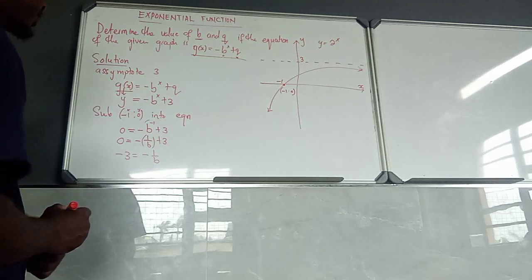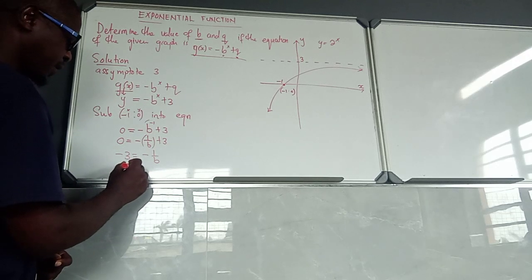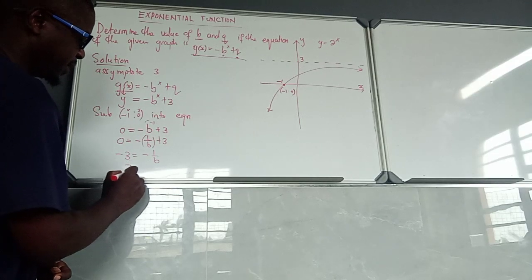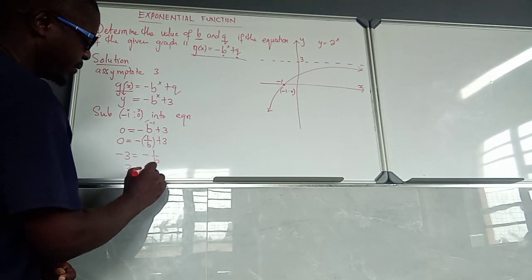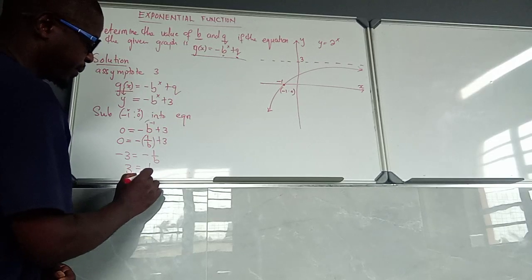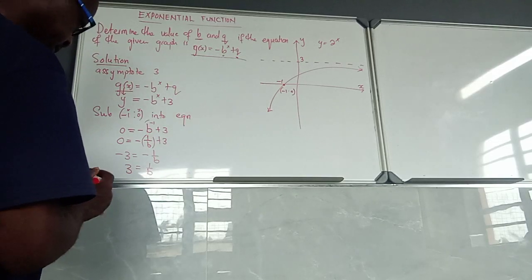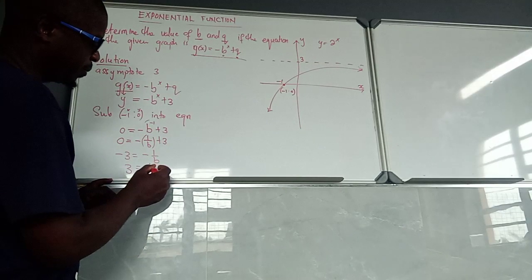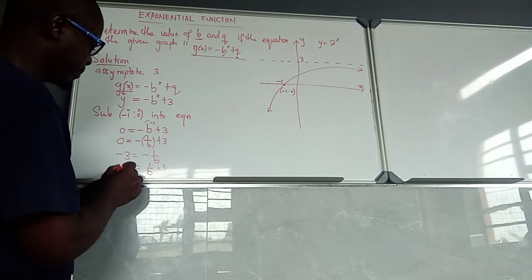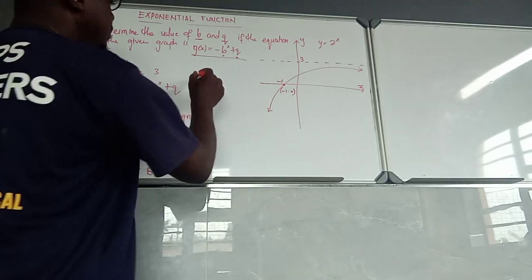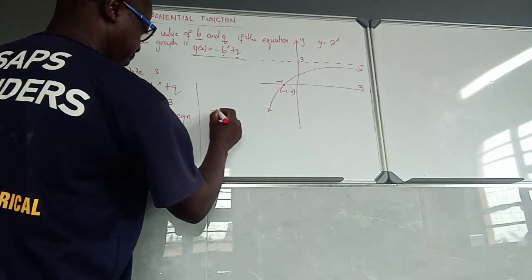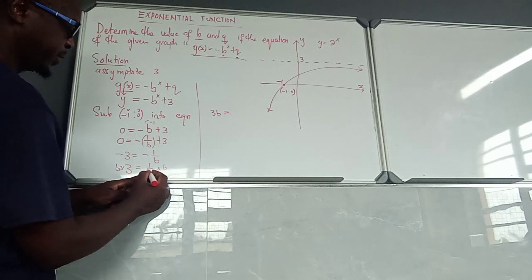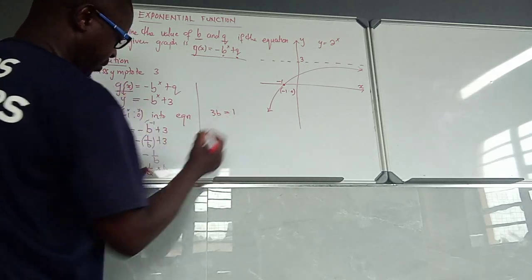At this stage, there's a negative on both sides. It means that 3 is equal to 1 over b. Now, how do I make b the subject of the formula? I can multiply by b here, and multiply by b here. This means that 3 times b is 3b, is equal to this b and this b will cancel, and I remain with the 1.